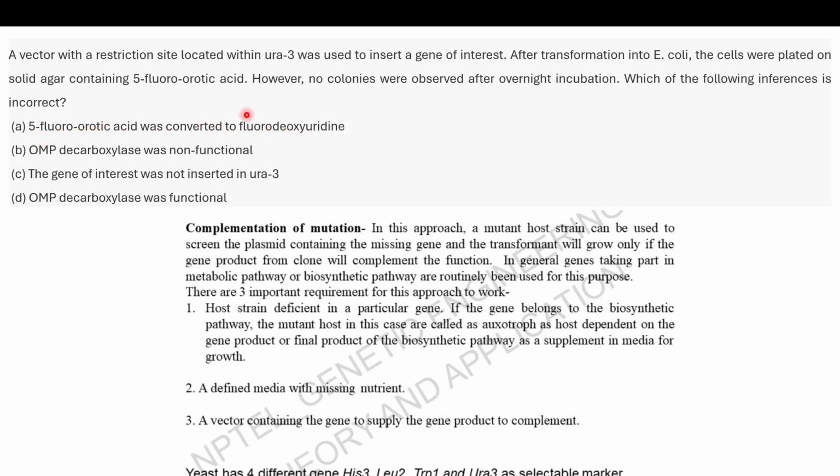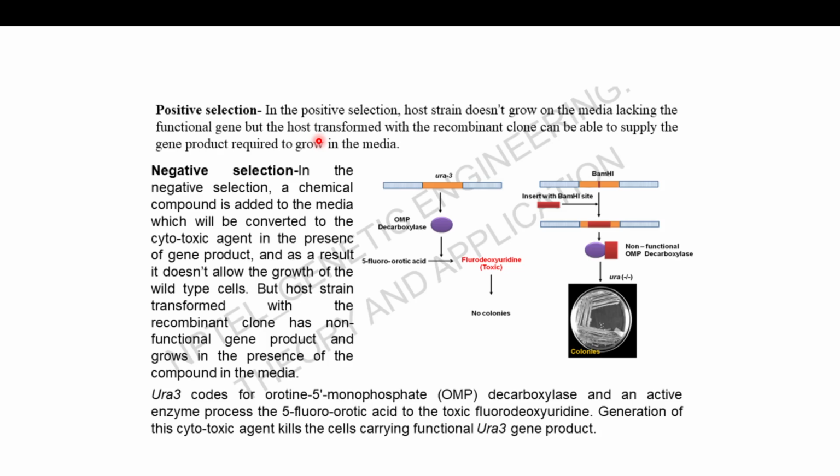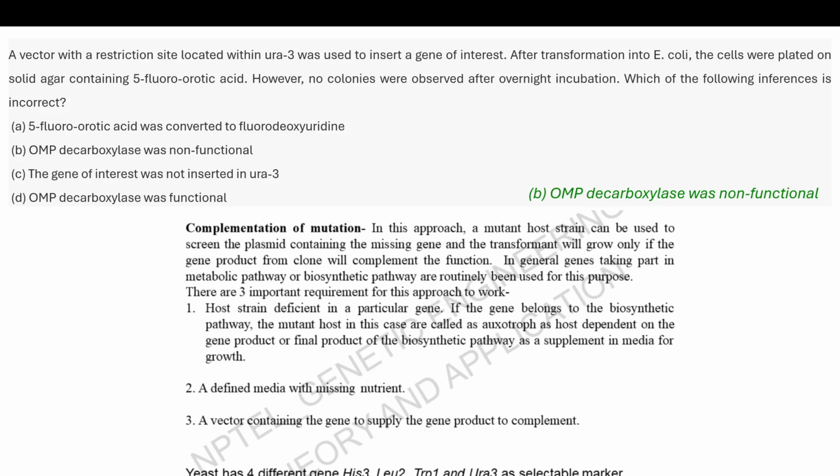5-fluoroorotic acid was converted to this toxic compound, like we saw in this general case. If there are no colonies, then this compound in the growth medium is acted upon by decarboxylase encoded by the wild type gene, and this toxin is produced, thereby not giving any colonies. Then the option that OMP decarboxylase was non-functional is incorrect, because if it were non-functional, it would have allowed the colonies to grow.